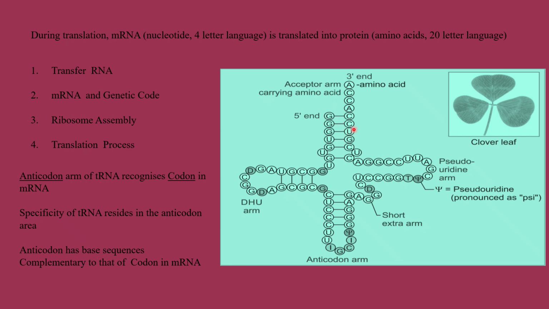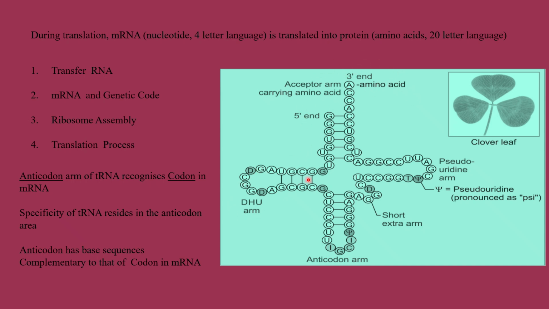So aminoacylation of transfer RNA, or the charging of transfer RNA, is the first step in the translation process. The enzyme aminoacyl transfer RNA synthetase catalyzes this reaction. Here there will be loading of the amino acid.